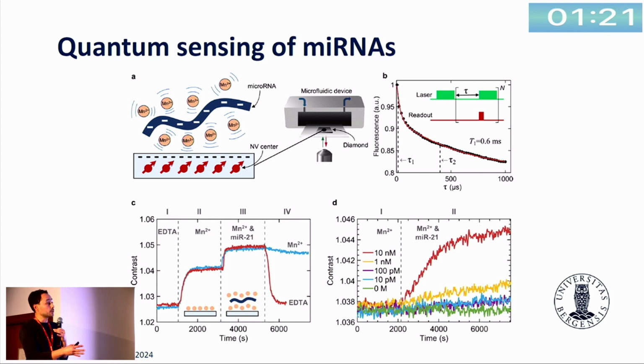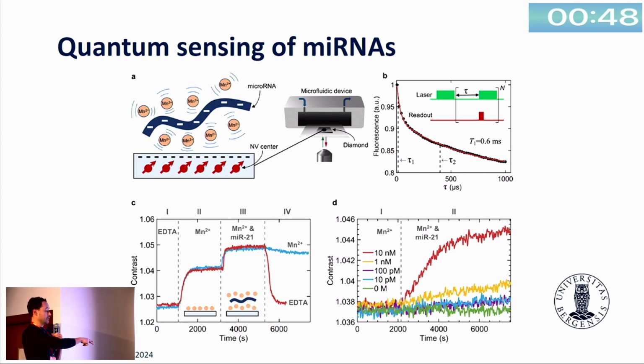By monitoring this relaxation, in this case it's T1 relaxation, so spin-lattice relaxation, by monitoring these changes in relaxation time, we can monitor magnetic noise, and in this case, a molecule being attached on the surface. And this is exemplified here in graph C. This is a common experiment where we flush different solutions in a microfluidic device. In section 1, we only have the surface in water. There is low contrast.